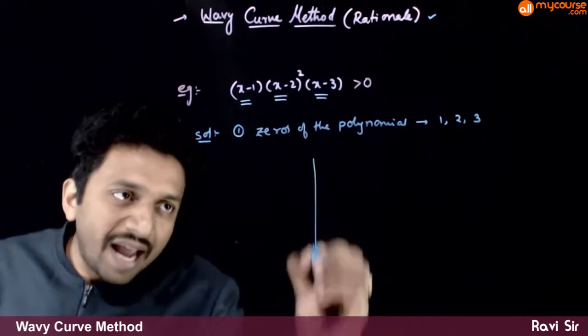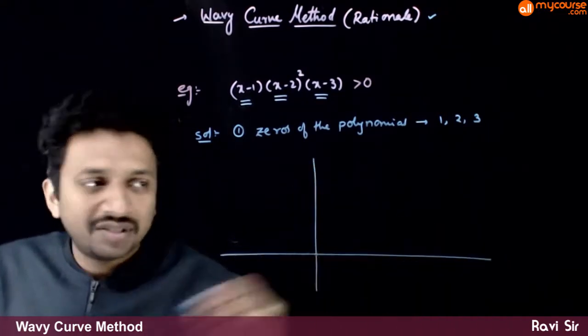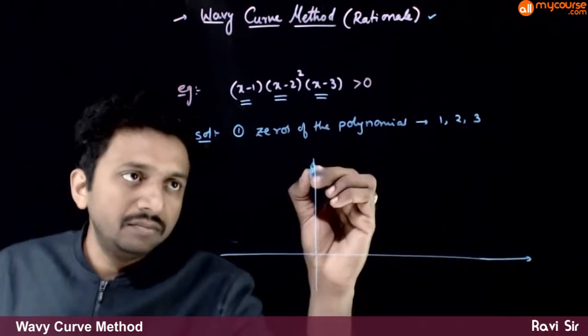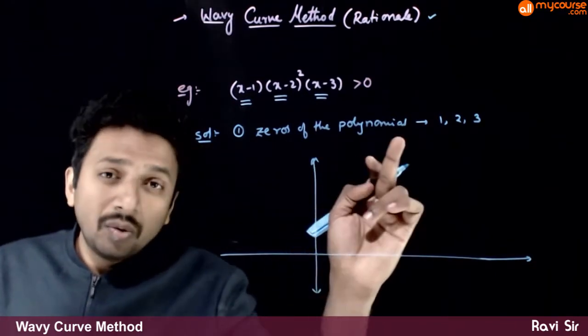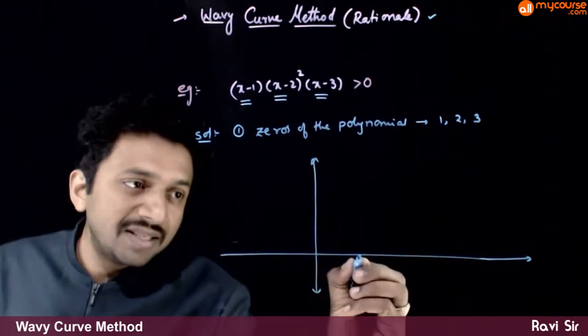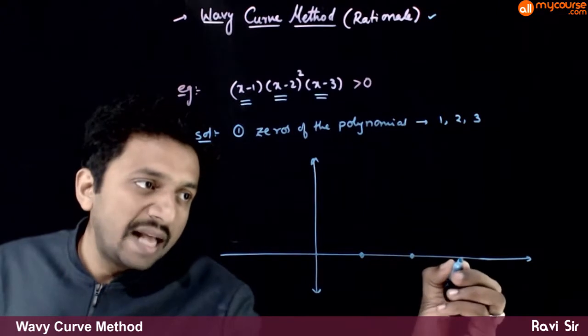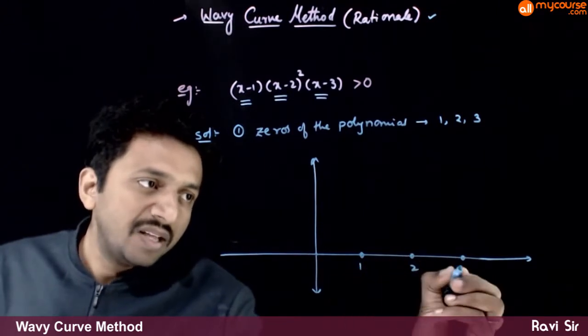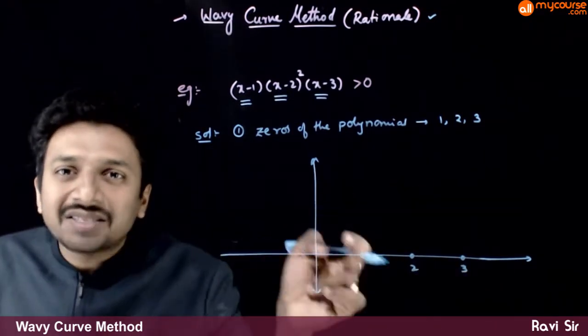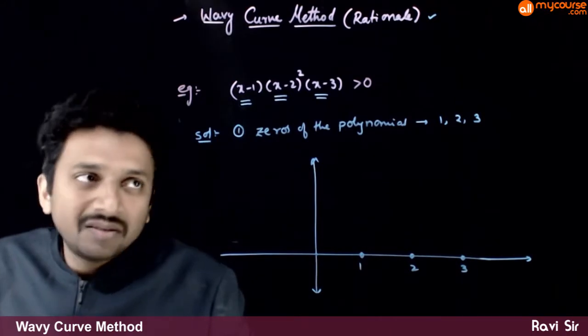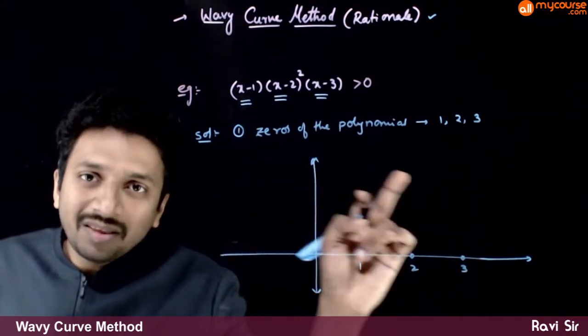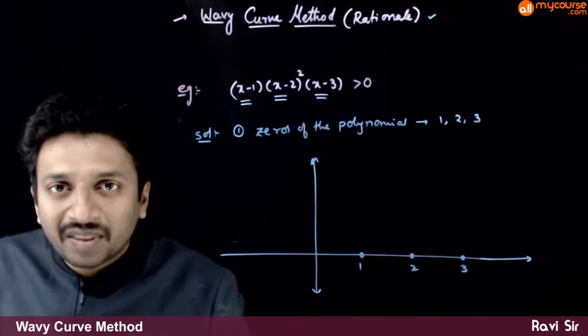If you draw the graph of this, at x is equal to 1, 2, and 3, the curve cuts the x-axis, we know this. At the zeros of the polynomial, the curve cuts the x-axis.